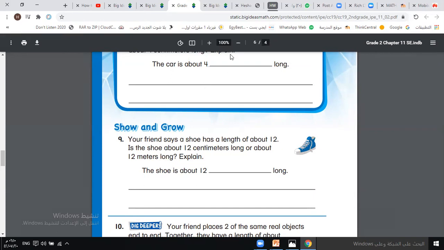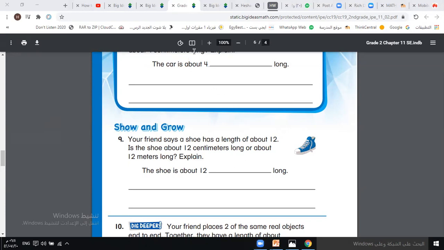Who can answer? Let's choose this one. I choose Omar Khalid. Hello Omar, how are you? Hello, mister. Omar, the length of the shoe is about 12 centimeters long or meters long?